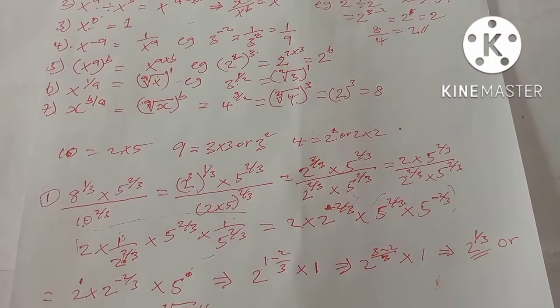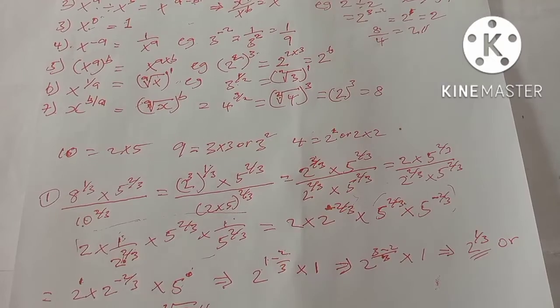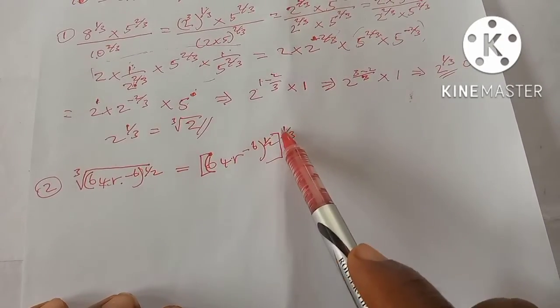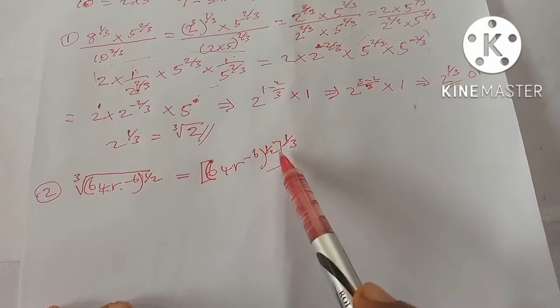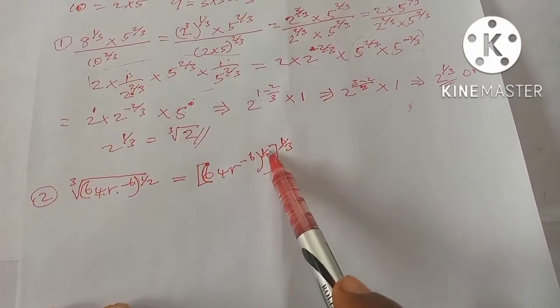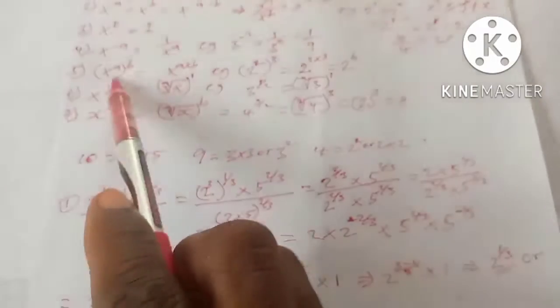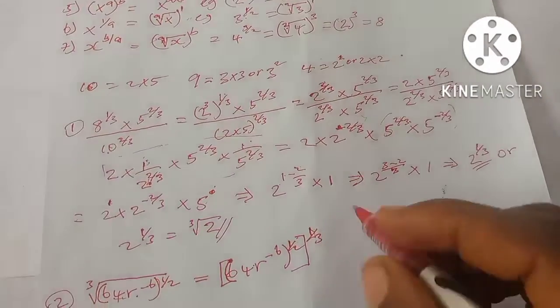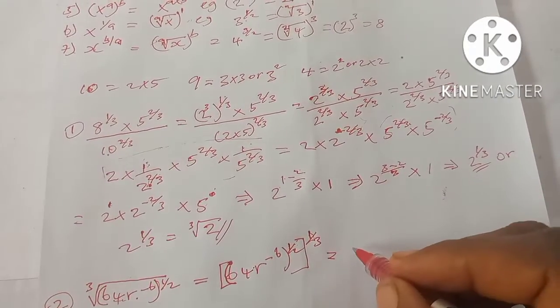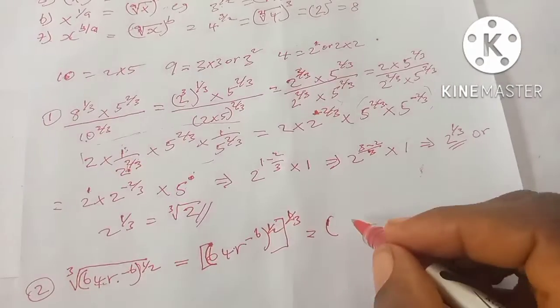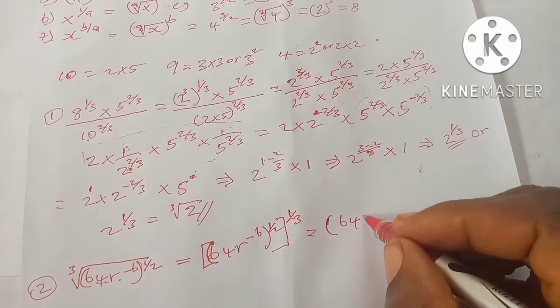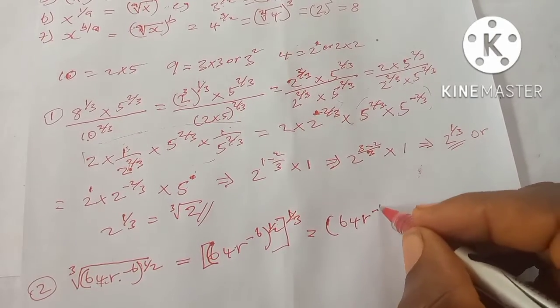This is the cube root. So we just wrote it as 64 r to the power negative 6 to the power half, then 1 over 3. Now this 1 over 3 can be gotten from this. So this is equal to 64 r to the power negative 6.